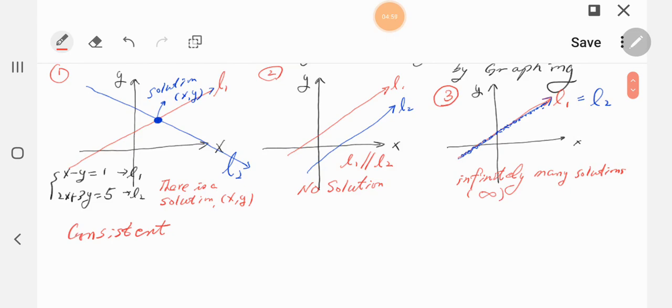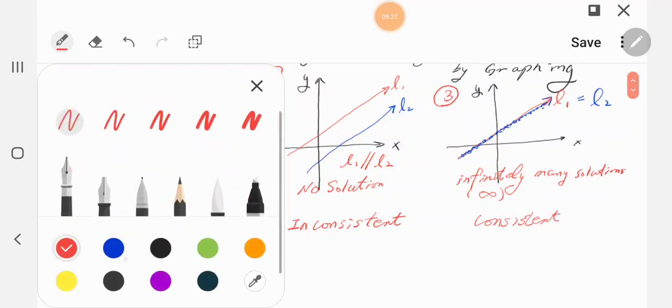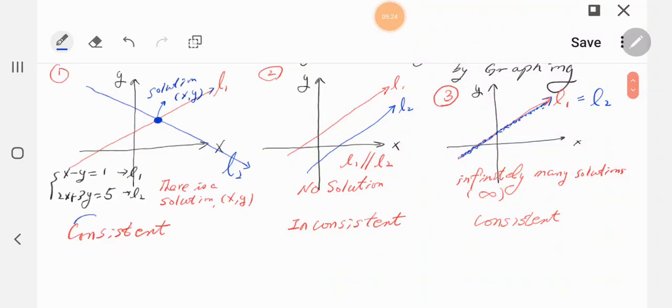The opposite of consistent is inconsistent, so that system is inconsistent. And the third one has infinitely many solutions. So there are solutions, and we call the third type consistent as well. Consistent means there is a solution.